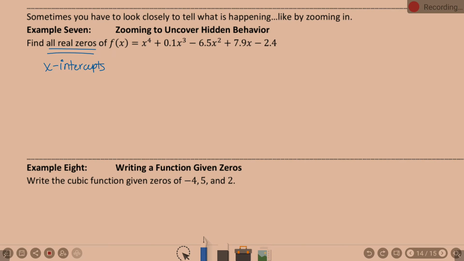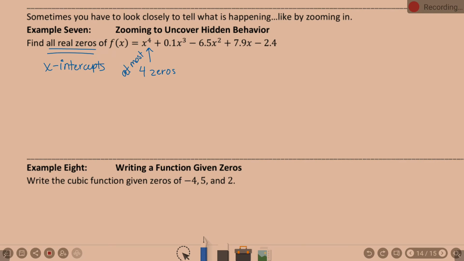Hopefully our graphs look something alike. How many zeros do you think we have here? 4. There's definitely a possibility of 4, yes, because this is a power of 4. So we can have at most 4 zeros. Are we guaranteed to have 4? Not necessarily, but if you start looking here, do you see the possibility of 4? Yeah.